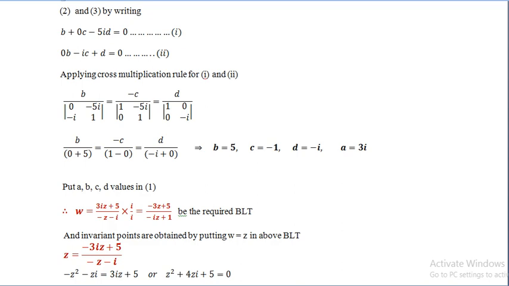So use this B, C, D value in any one of the above equation. So you'll get A value as 3i here. So we'll get all the 4 unknown terms A, B, C and D.